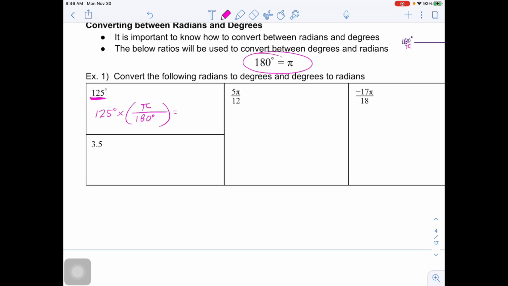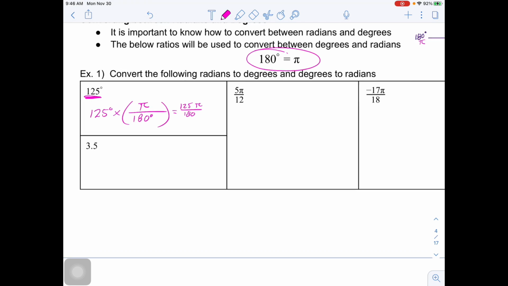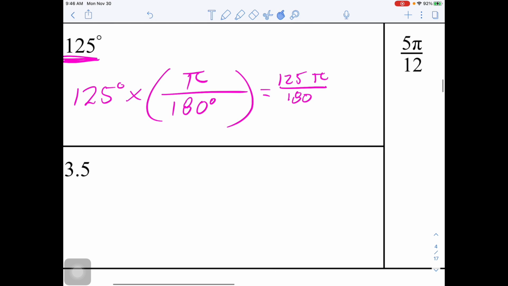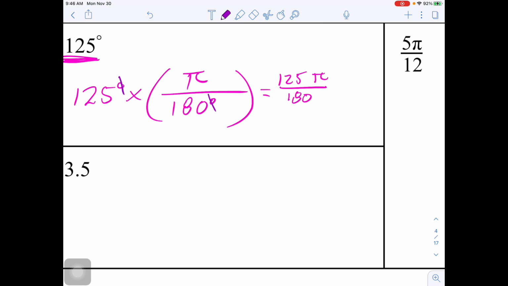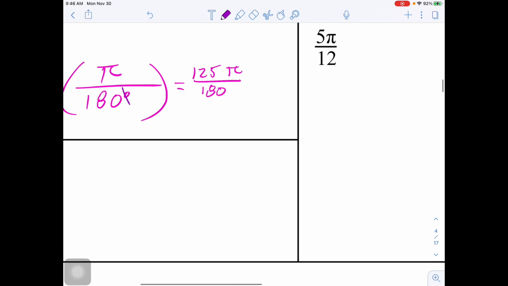From here, you can start solving this using some simplification rules. So this will be 125 pi over 180. Now recognize that my units have not disappeared, but they've canceled out. That's why we put our degrees on the bottom.